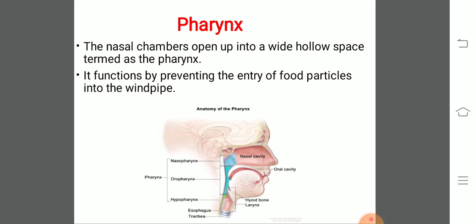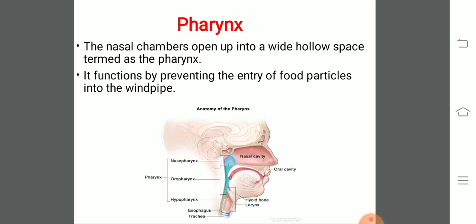Okay, because we know that there are two tracks. One is the windpipe, where the entry is for the air, and the second passage is what? For the food, the gastrointestinal tract.